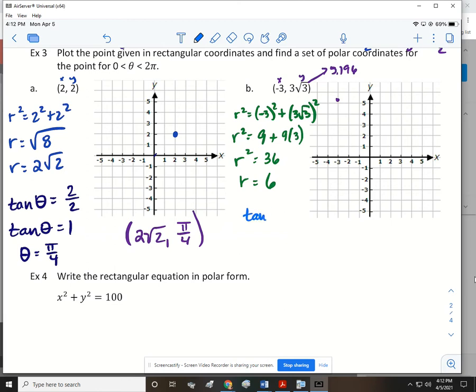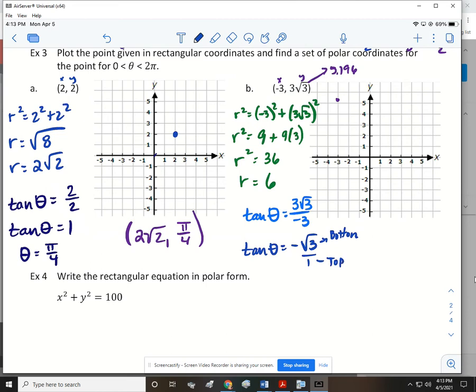All right, and then for our theta, the tangent of theta is the y divided by the x. So it's going to be negative, and then those 3's cancel out, negative square root of 3. We also could write that as negative square root of 3 over 1, which means I have 3 bottom fingers and 1 top finger.